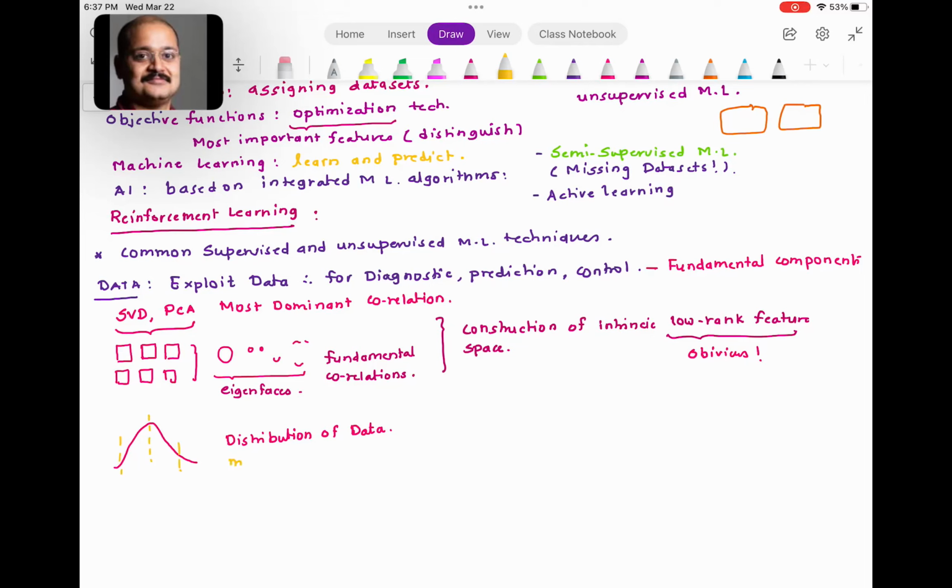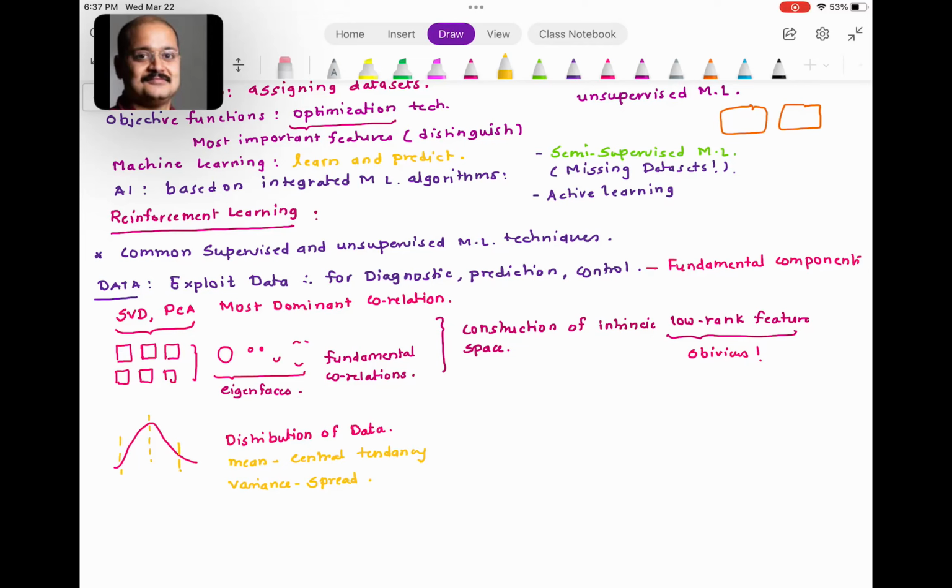So you have the mean, which is the central tendency, and you have the variance, that is the spread. And again, mean and variance characterize the normal or Gaussian distribution.